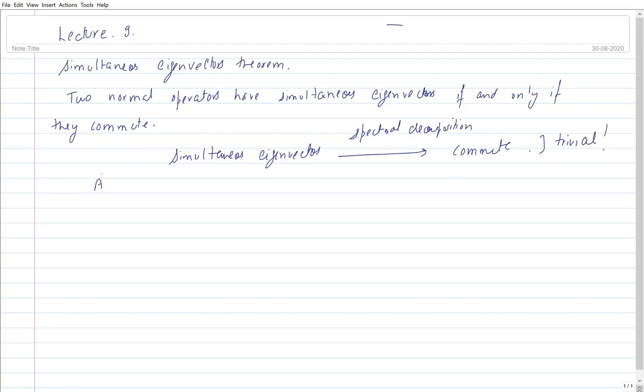The proof that if A and B commute, this implies A and B have a common set of eigenvectors.